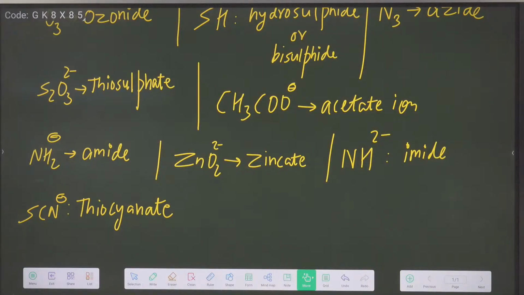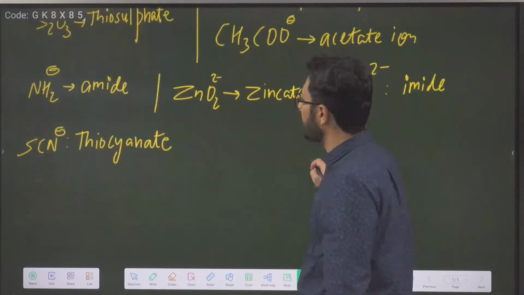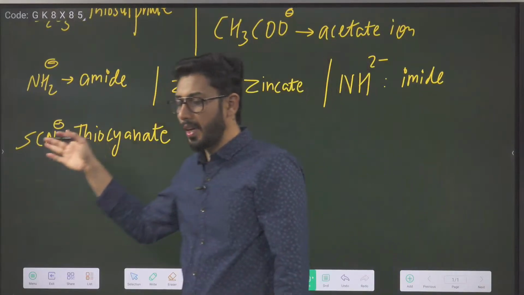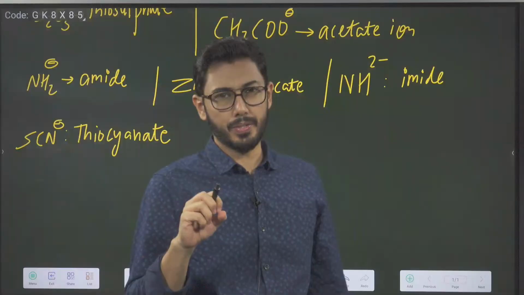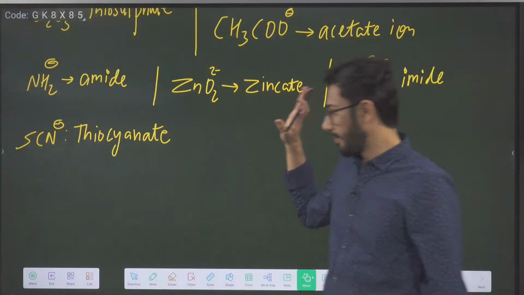Completely written. Okay. Now we can use these anions and cations, which we have done by this time, to write some formula of the compound. Like how?